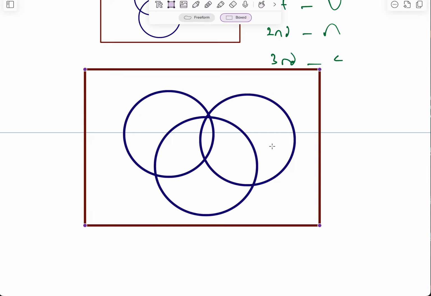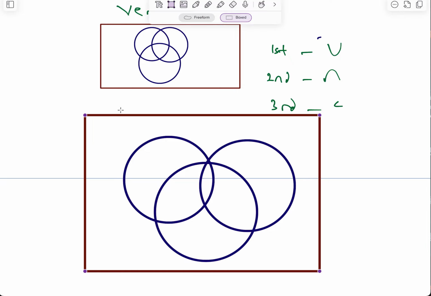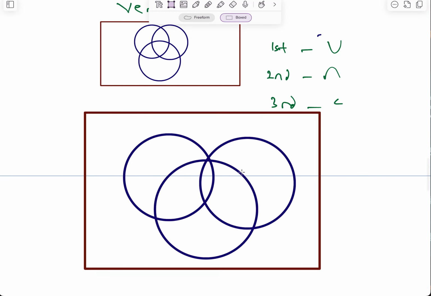So how do we shade union? Let me copy this down so that I can use it for subsequent ones.